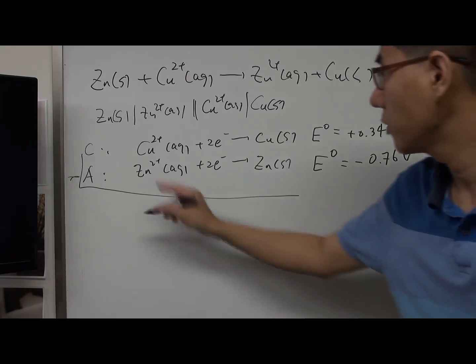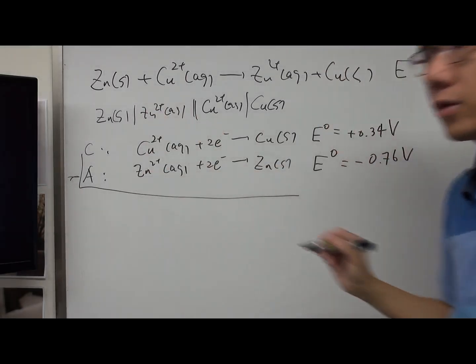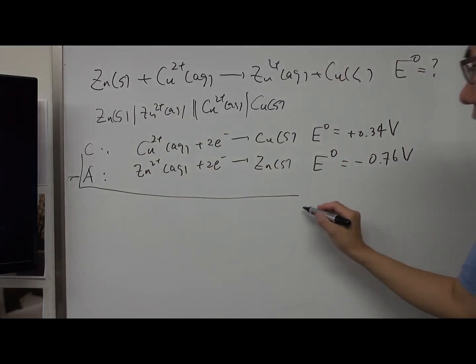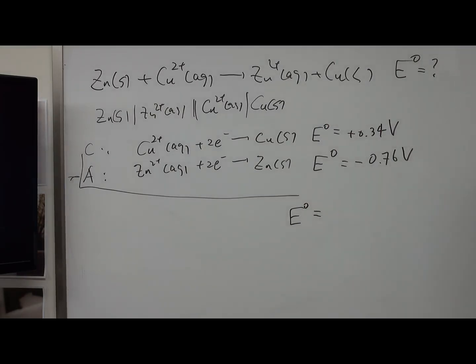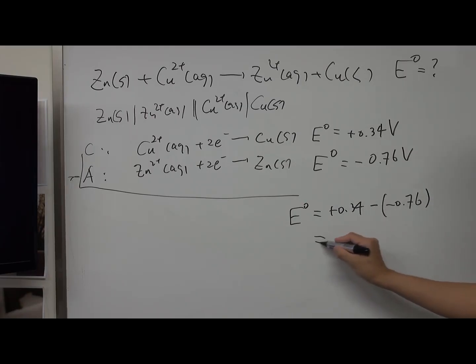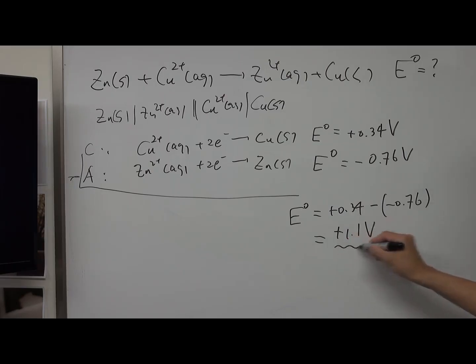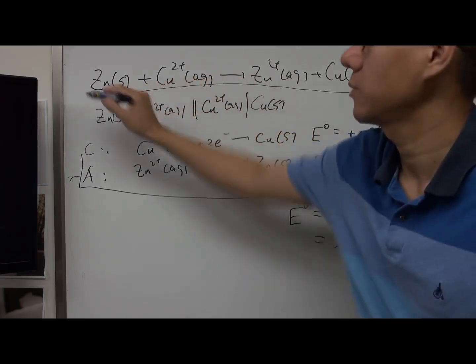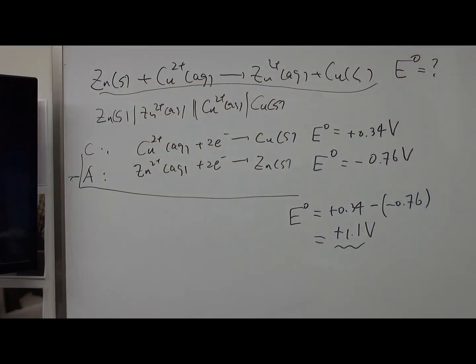And for the resulting electrochemical reaction, the standard electrode potential will be this minus this. Plus 0.34 minus minus 0.76, which corresponds to plus 1.1 volt. That's the standard electrode potential for this reaction. Very simple, right?